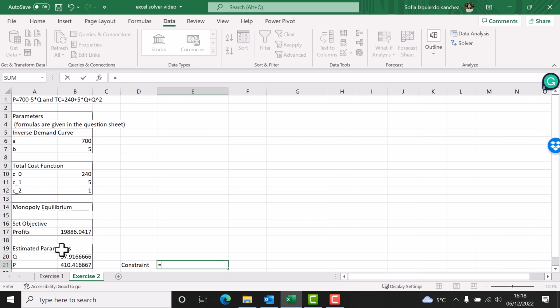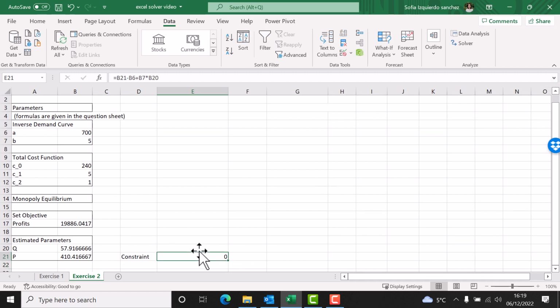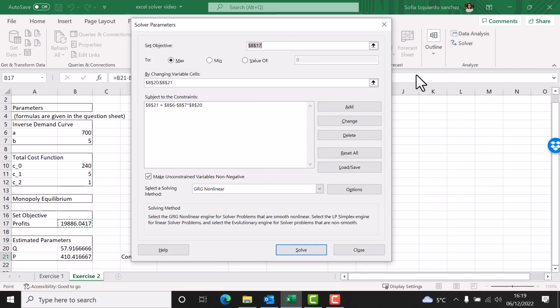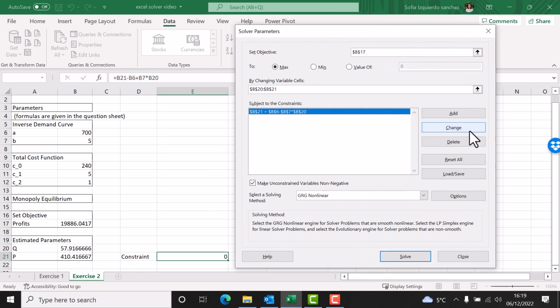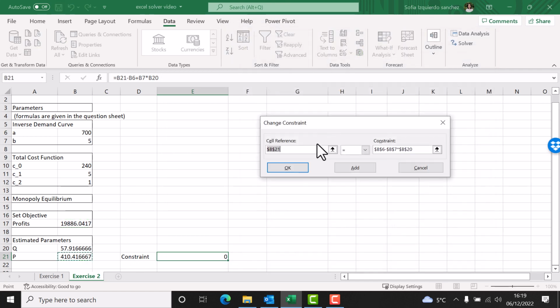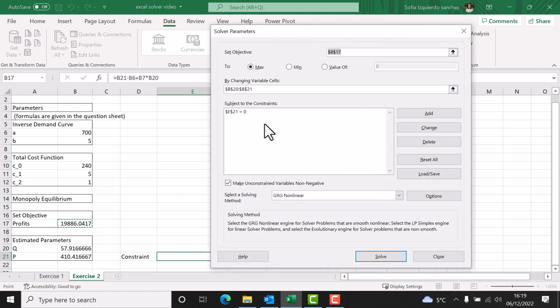So it will be the price minus 700 plus, because you are passing this minus 5Q to the other side, 5 times Q. And then you leave this like this. Don't worry again about it. Okay, and then in Solver, instead of this restriction, if you have a Mac, you will have to say this formula has to be equal to 0. Then you will press OK, and this is how you introduce the constraint in Mac.